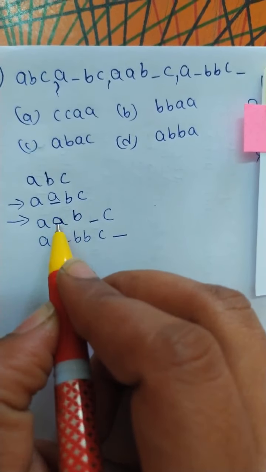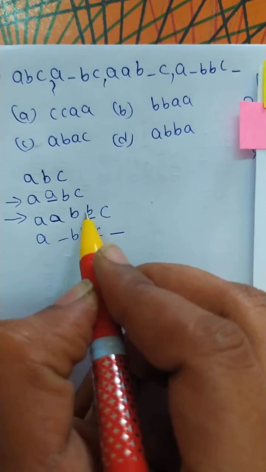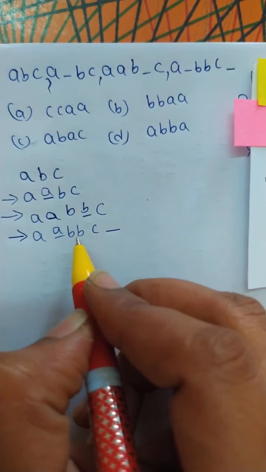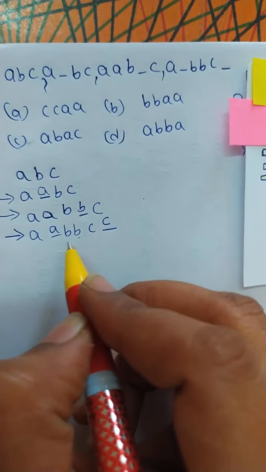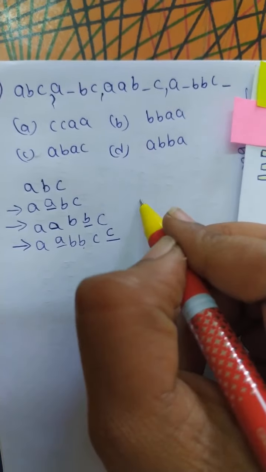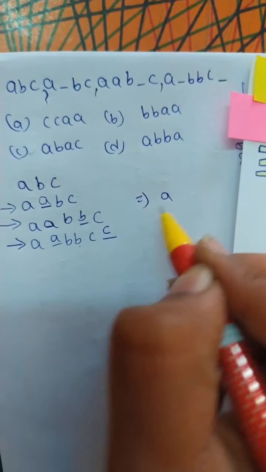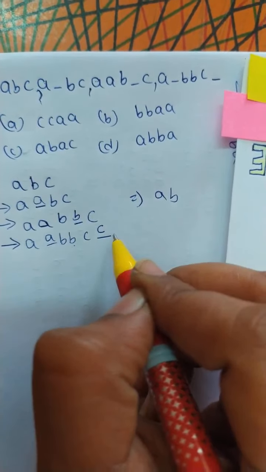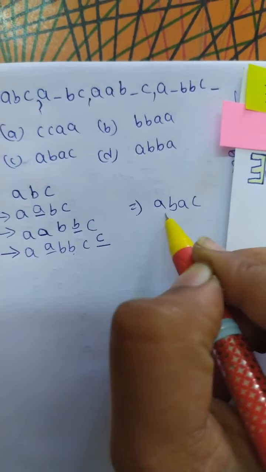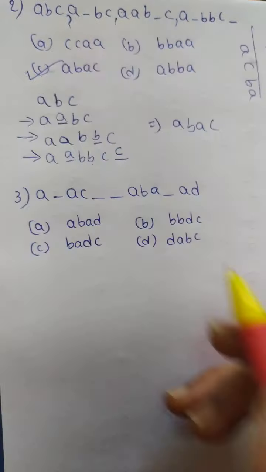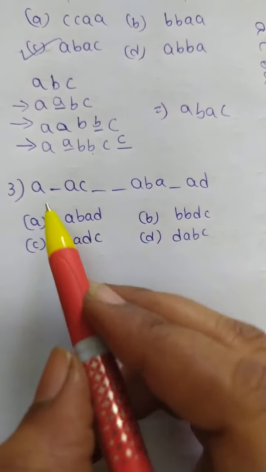In the third line, A and B are repeated. In the fourth line, A, B, C, all 3 are repeated. So the answer is A, this line B, this line AC, so A, B, A, C. Option C is correct.